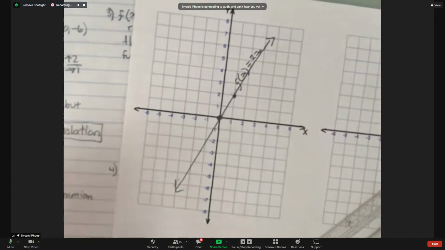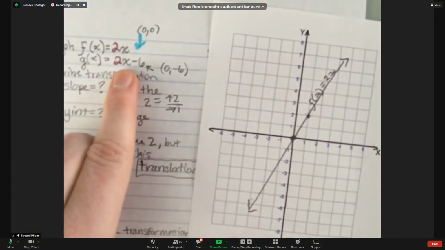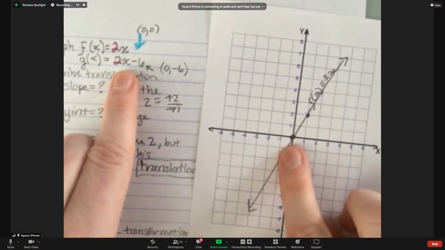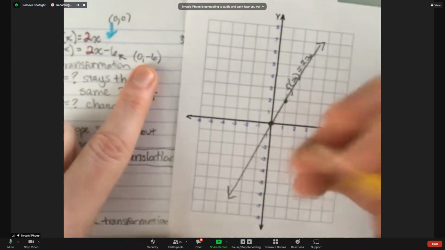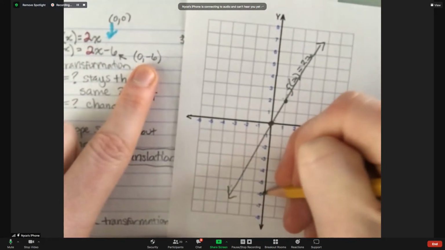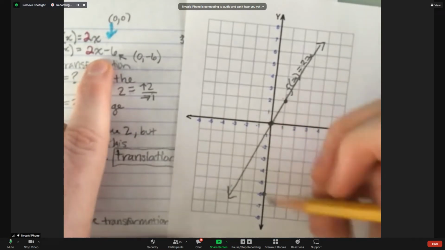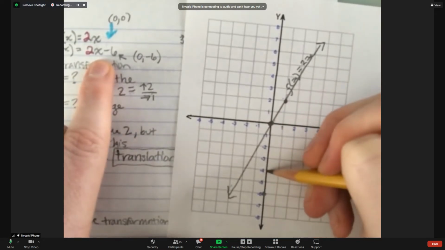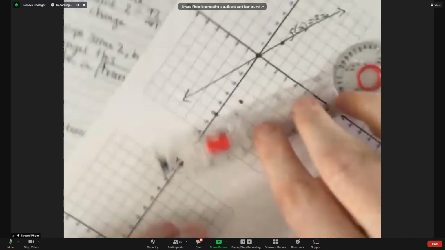Then you come and you look at your g, which is where you moved it in the end. So that's the start line. And this time, I know it has to go through the y-intercept at 0, -6. So I'm going to make my dot here. And again, I'm going to use my slope to find the next point. You can go up 2, right 1. So up to you. You don't need to use a t-table.